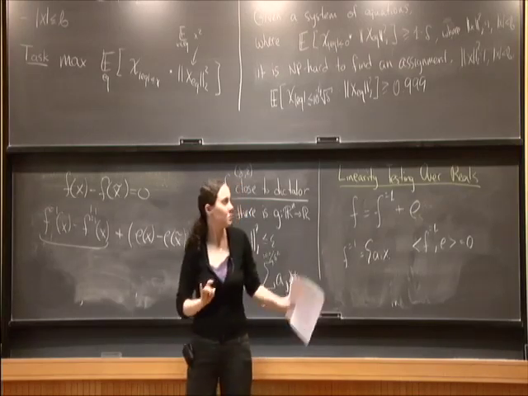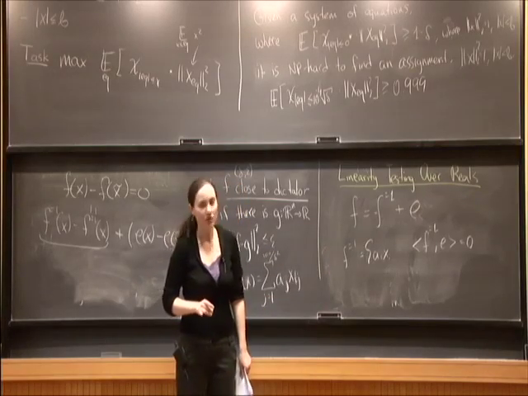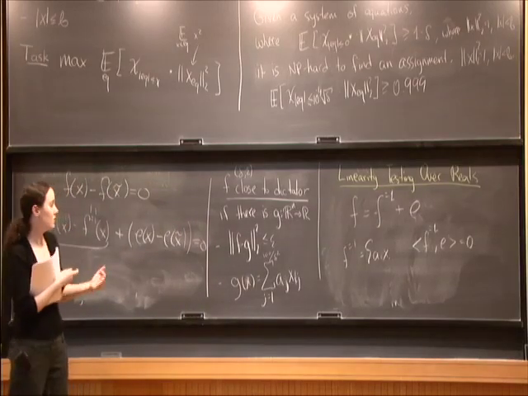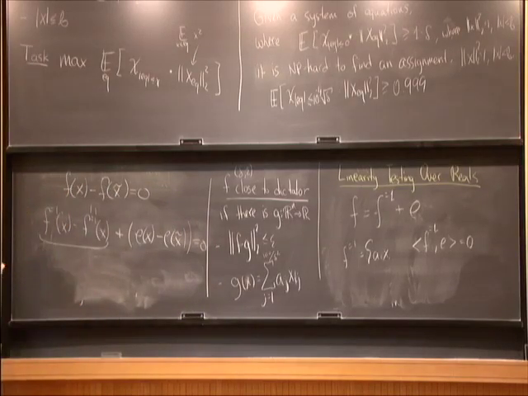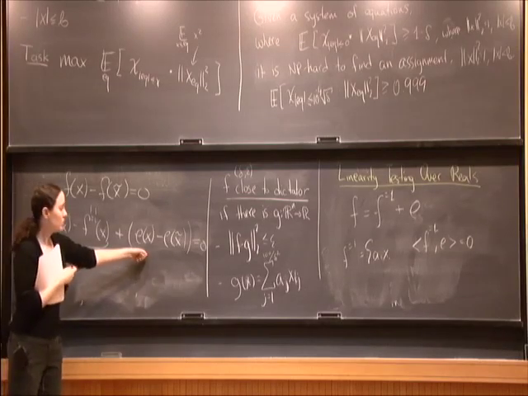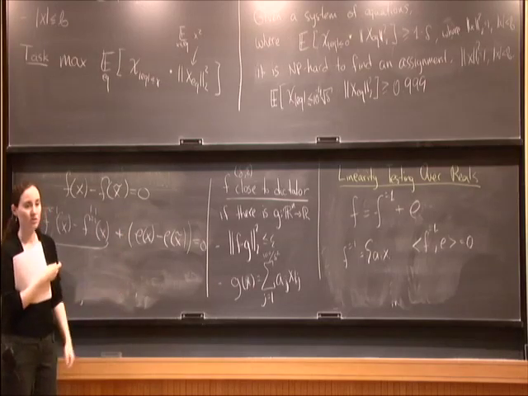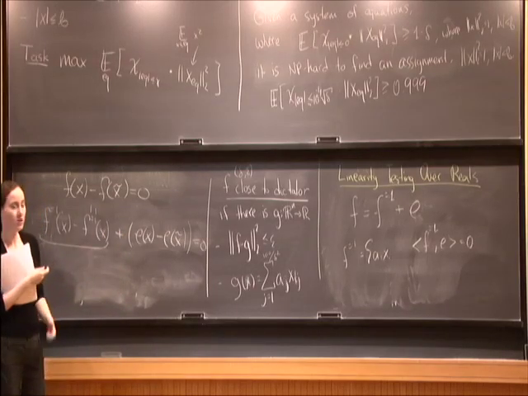Okay, so let's put this aside, and let's try to remedy the situation. So we somehow have to say that when perturbing x, the value of f cannot change too much.